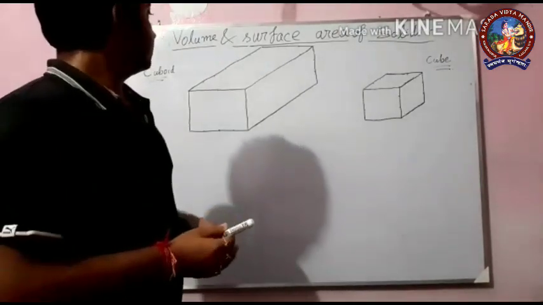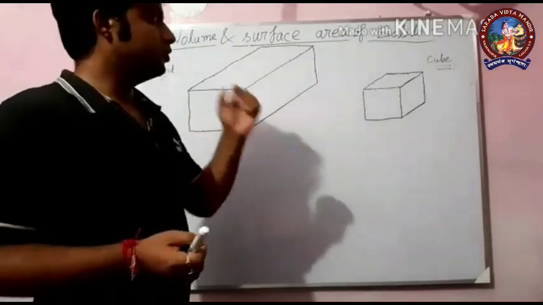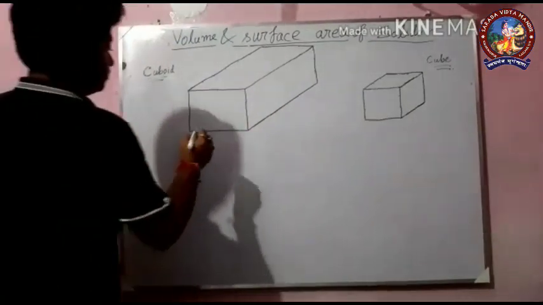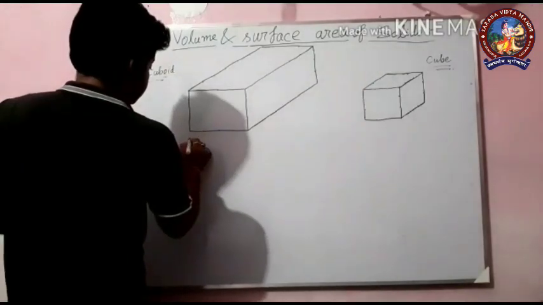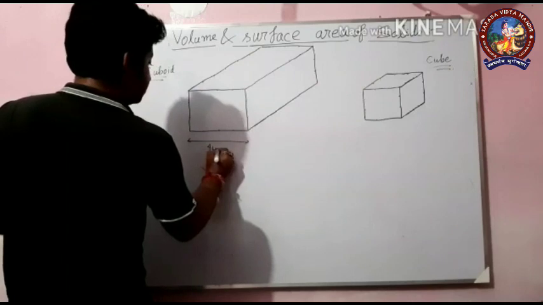Here, this is a picture of cuboid and this is a picture of cube. Okay. Suppose this length is 4 units.